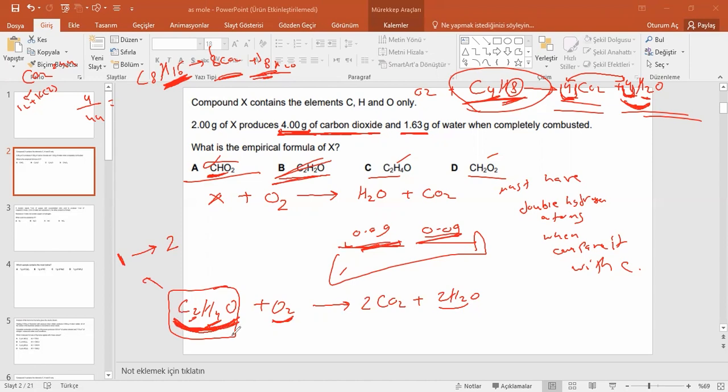What do you think? We burnt 2 grams. So I will divide 2 by the molar mass to find how many moles. What's the molar mass of this? 2 carbons, so 2 times 12 plus 4 times 1 plus 16, which will be what?